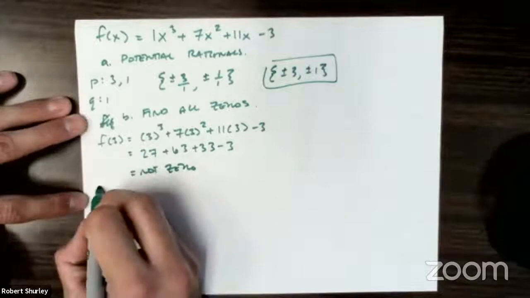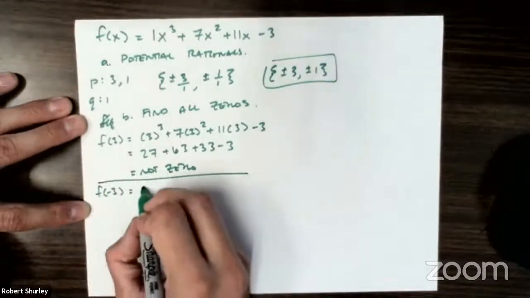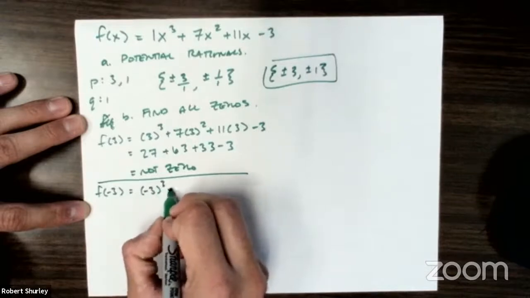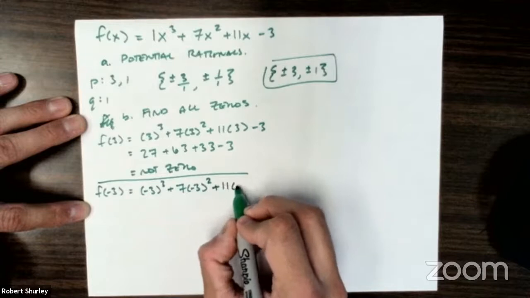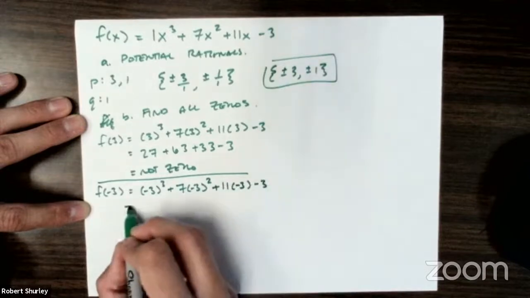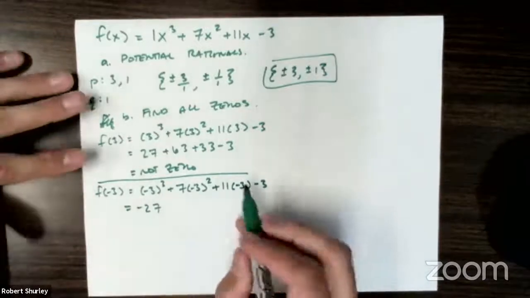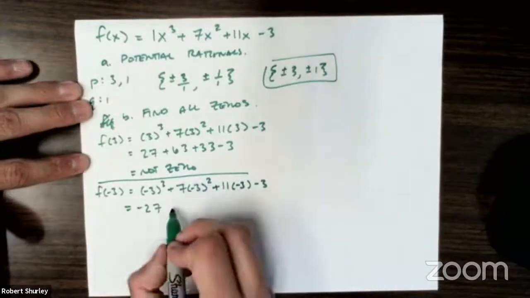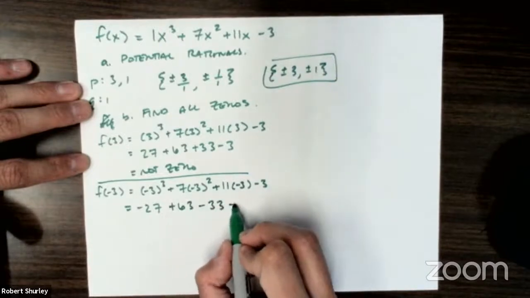Okay, so let's plug in -3. So -3 cubed plus 7 times -3 squared plus 11 times -3 minus 3. -3 cubed is going to be -27, right? Because it's cubed, it keeps the sign. This will be a positive 9 times 7, which is still 63. This will be -33 minus 3.